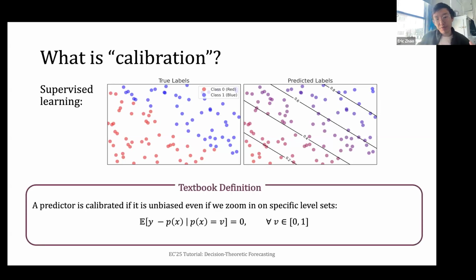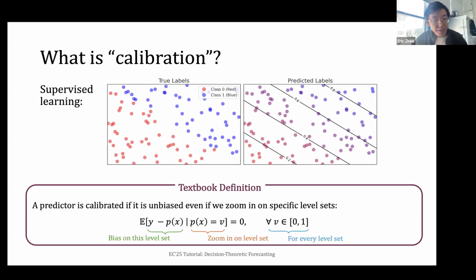This is what gives us our classic definition of calibration, which is that my machine learning model, my predictor, is calibrated if it is unbiased, in that if I look at the average prediction, it matches the average label. And I'm not only asking that it's unbiased over the entire data distribution, I'm asking that it's unbiased even if we zoom in on specific level sets of my predictor.